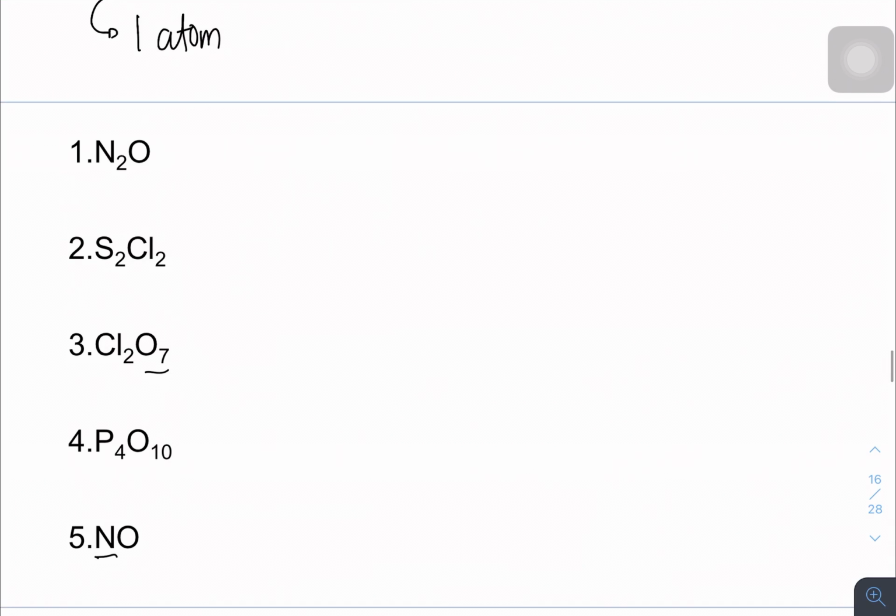So let's have other examples. We have N2O. We have 2 nitrogen and 1 atom of oxygen, so we use the Greek prefix di for nitrogen: dinitrogen. Followed by the second element; there is only one oxygen, so that will be monoxide, with the suffix IDE.